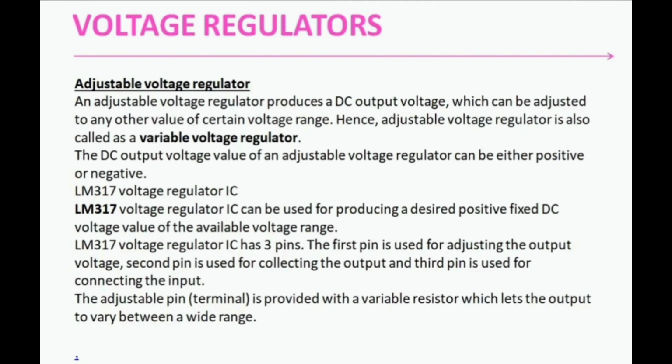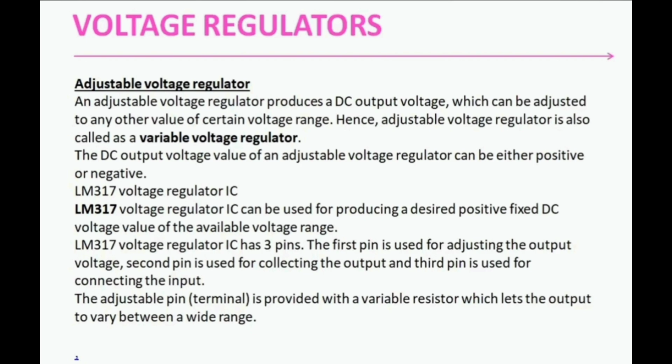It can be used for producing a desired positive fixed DC voltage value of the available voltage range. It has 3 pins. The first pin is used for adjusting the output voltage. Second pin is used for collecting the output, and the third pin is used for collecting the input.